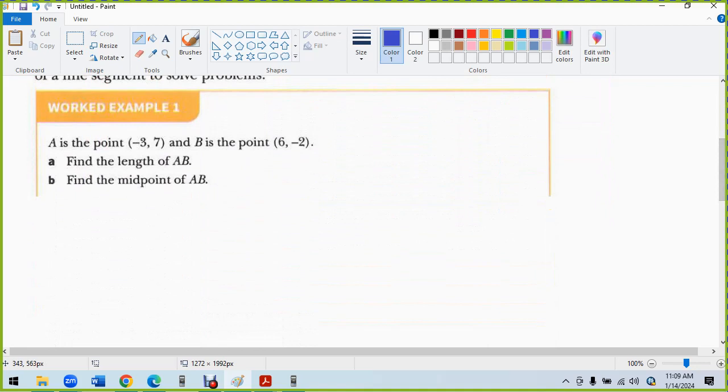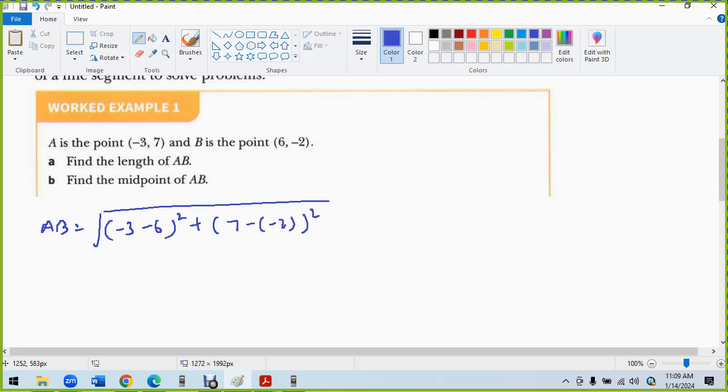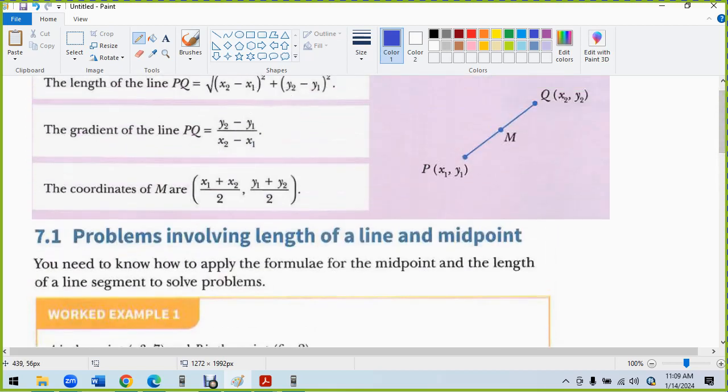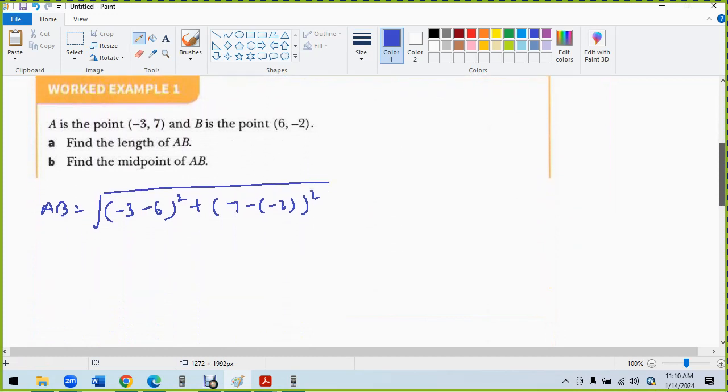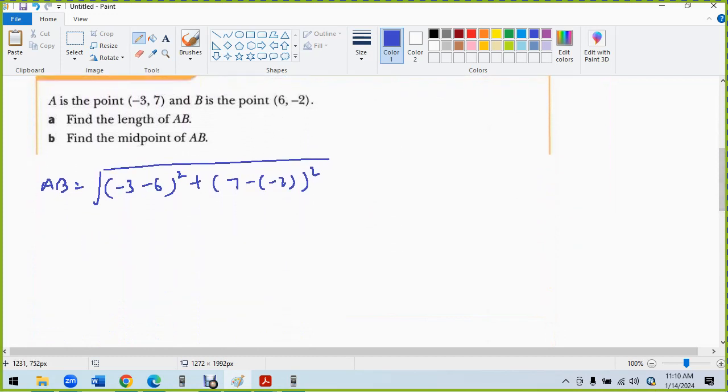So we want to find the length of AB. AB is equal to the square root of (minus 3 minus 6) squared plus (7 minus negative 2) squared. We have x minus x squared plus y minus y squared.